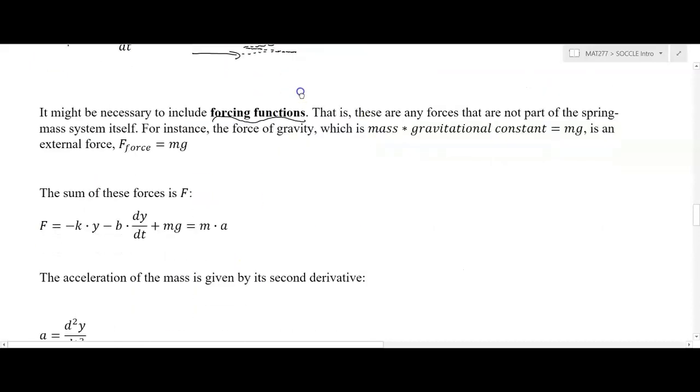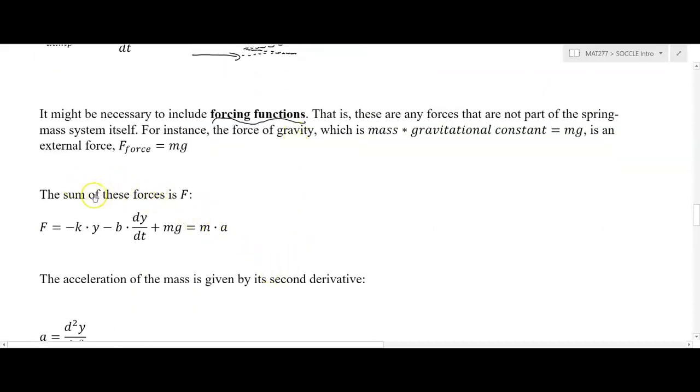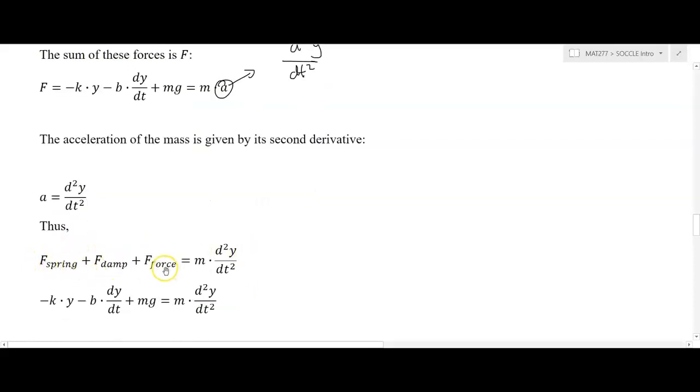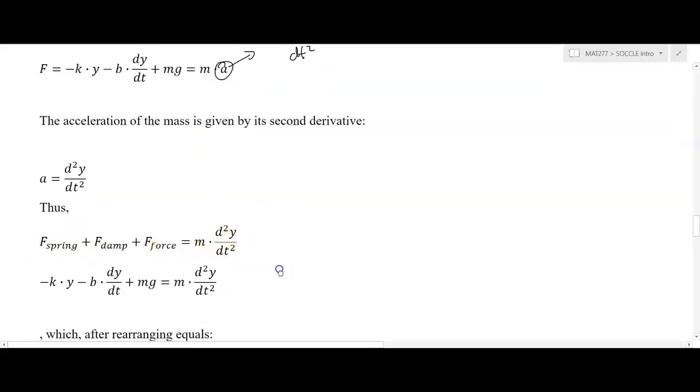Now, according to Newton's second law, if we want to sum all these forces, there's the spring force, there's the damping force, and there's the gravitational force. That's what replaces F, and that's equal to mass times acceleration. Now, where does the second derivative come in? Well, acceleration, a, is the second derivative of displacement from rest with respect to time. Therefore, we could replace a with the second derivative. That leaves us with the sum of the three forces equals mass times acceleration.